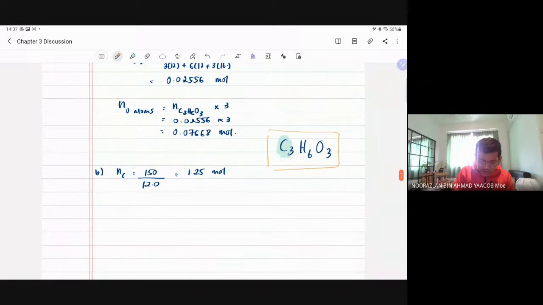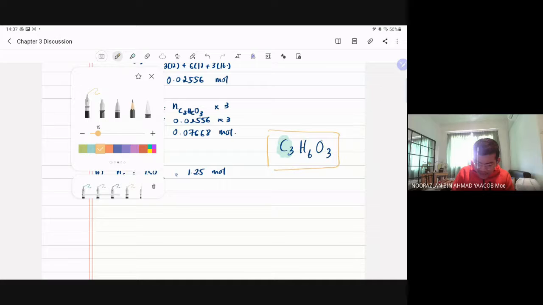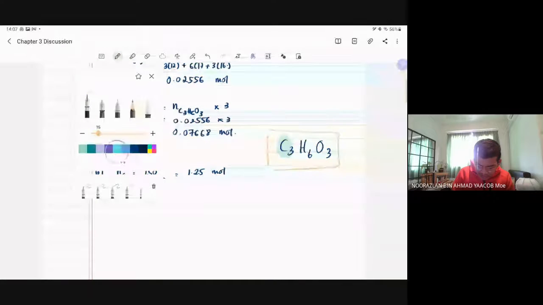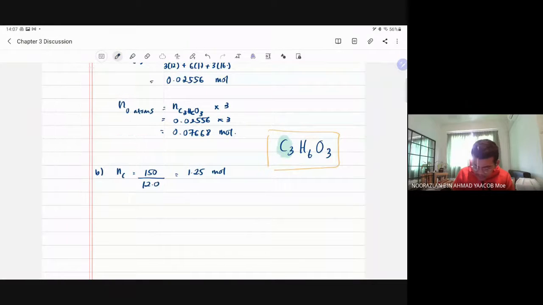Okay. So, nisbah dia adalah 3 kepada 1. So, number of mole of C3H6O3 is equals to number of mole of, lagi senang kalau saya buat nisbah lah. Okay. So, kita tahu nisbah dia 3 kepada 1.